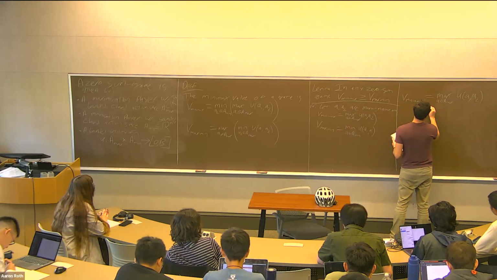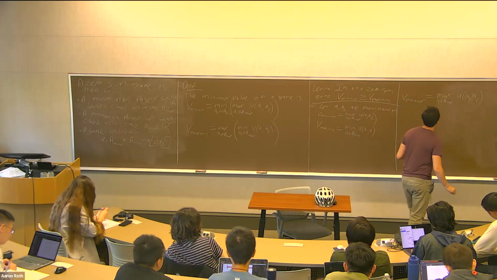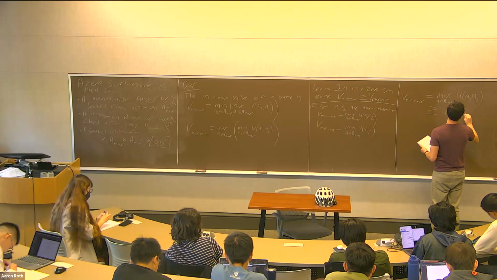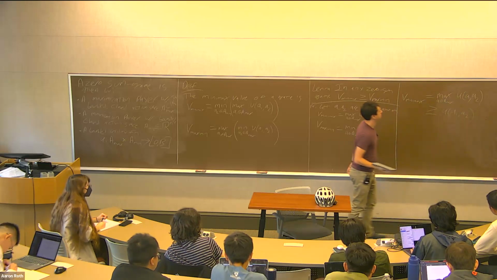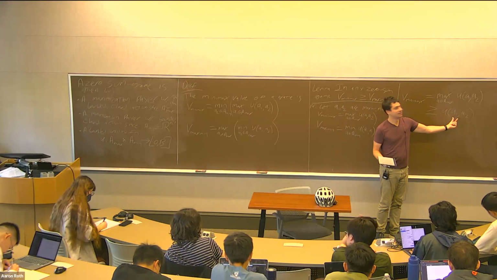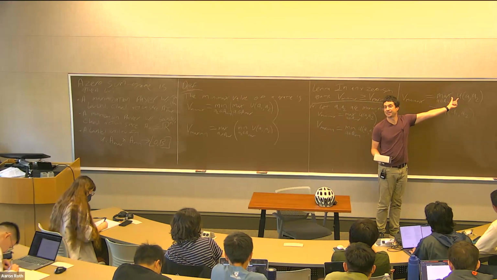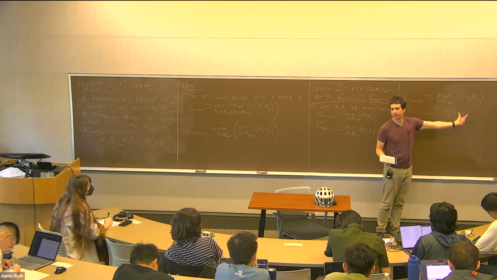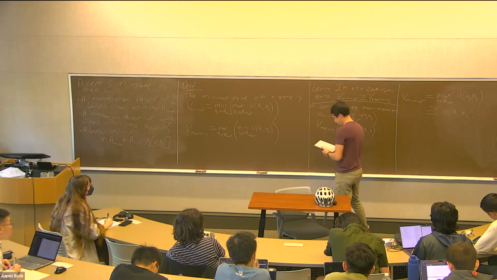And this is only bigger than the utility obtained when Max plays A1 and Min plays A2. Right? Because A1 can't do any better than maximizing this quantity. So if Max plays A1, this can only be worse.